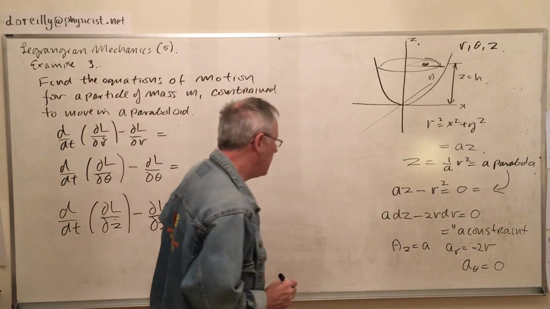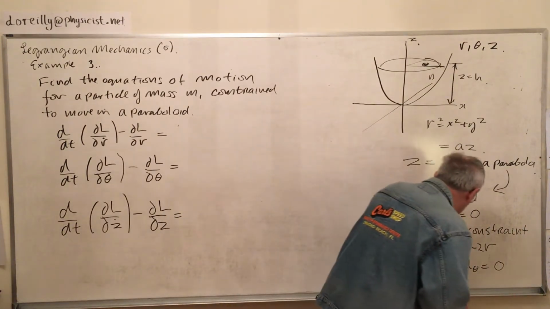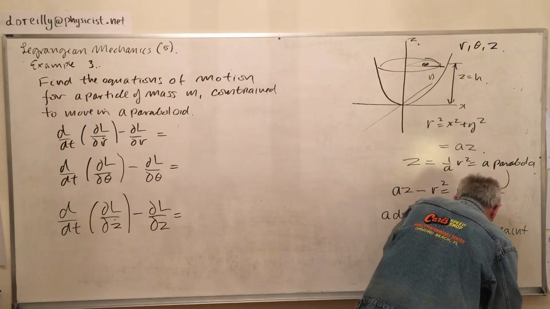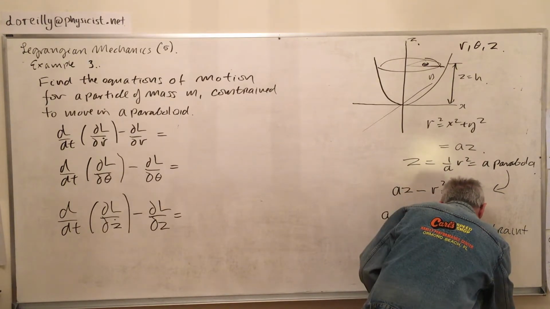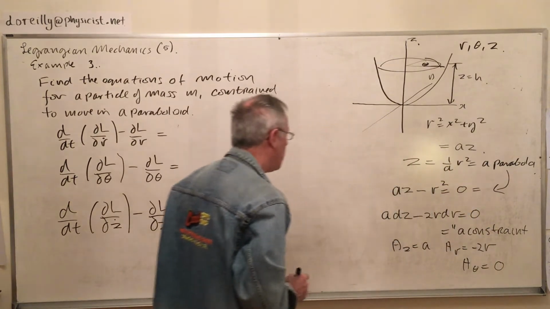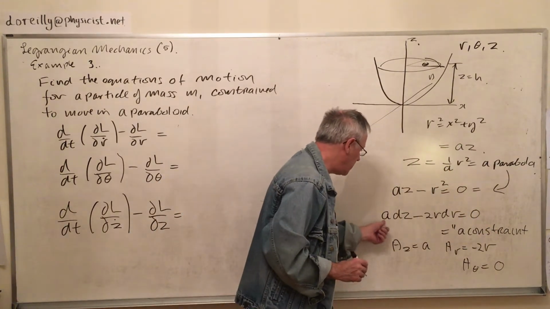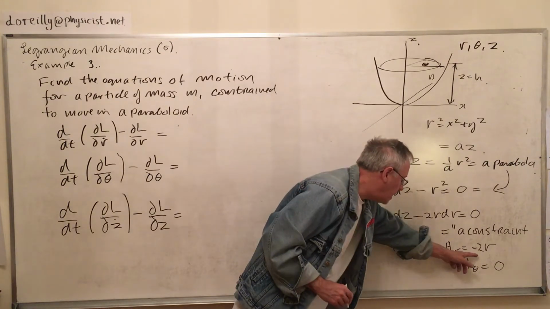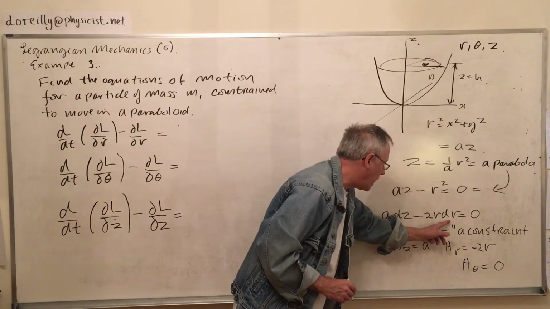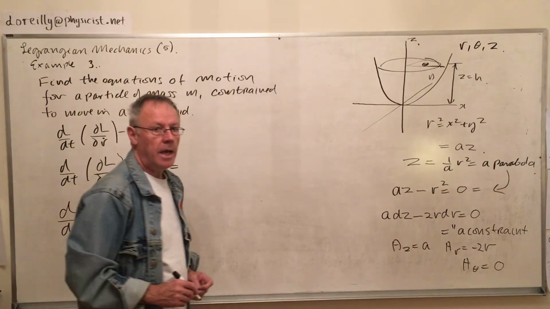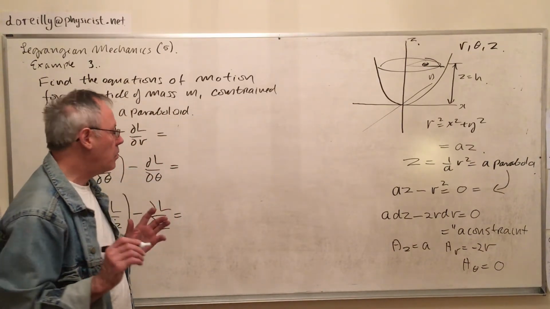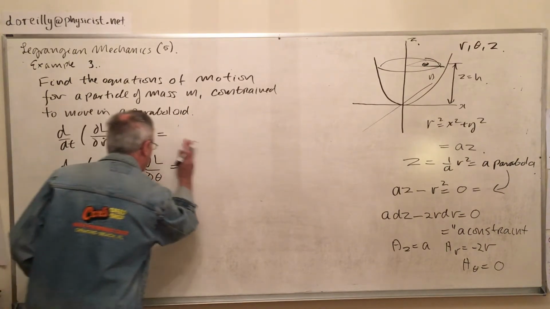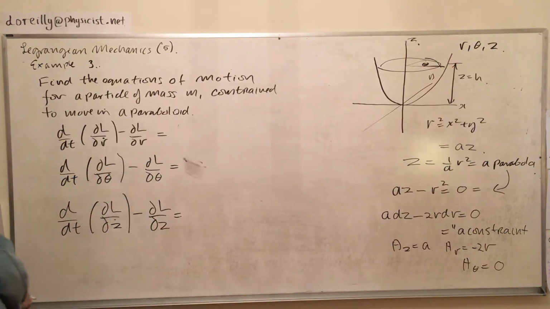Now we're going to label these things. Actually, I'm going to label it a big A. What are these things? Well, A of theta is a constant. It's going to be a. It's part of the constraint. A of r is negative 2r. It's part of this constraint. Now there is no A of z. Z does not crop up in here, so we can set Z1 equal to 0.